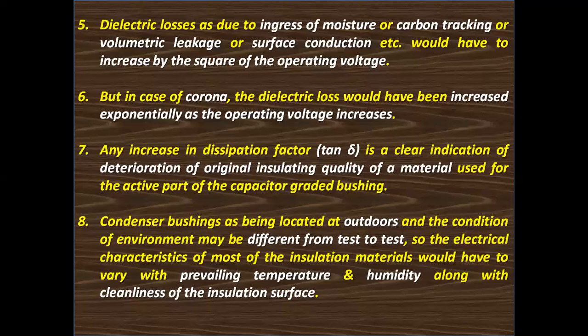Condenser bushings, being located outdoors, and the condition of environment may be different from test to test. So, the electrical characteristics of most of the insulation materials would vary with prevailing temperature and humidity, along with cleanliness of the insulation surface.